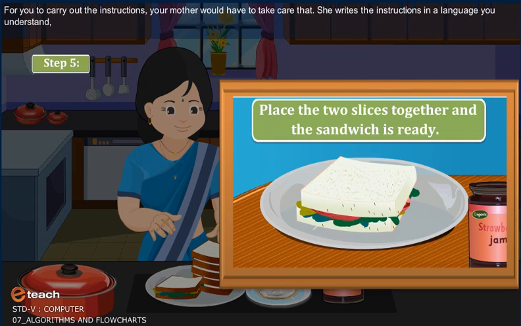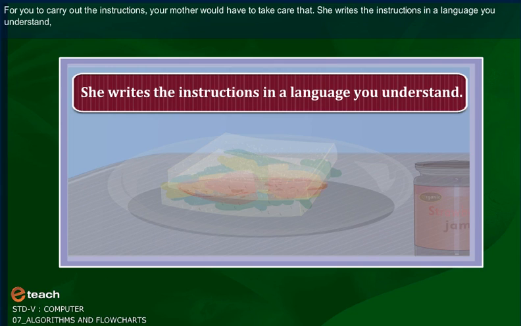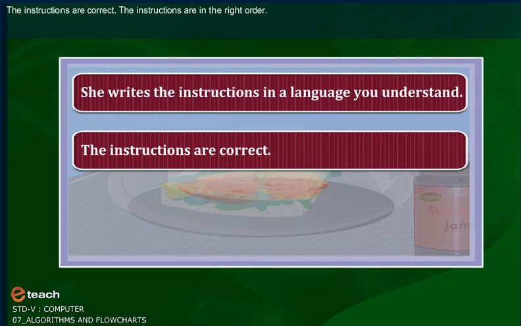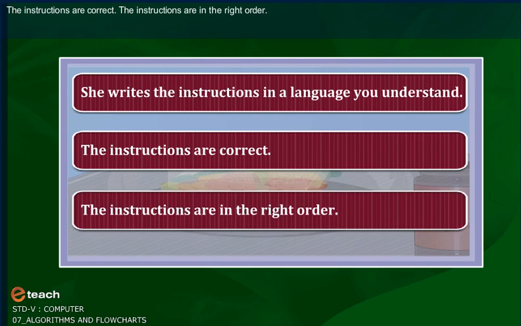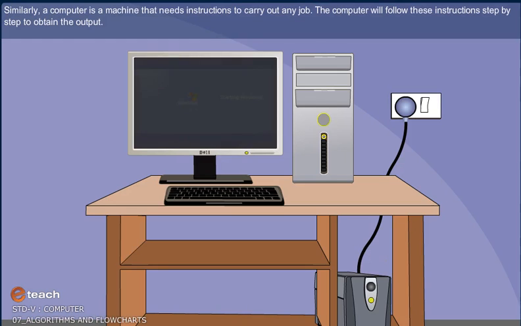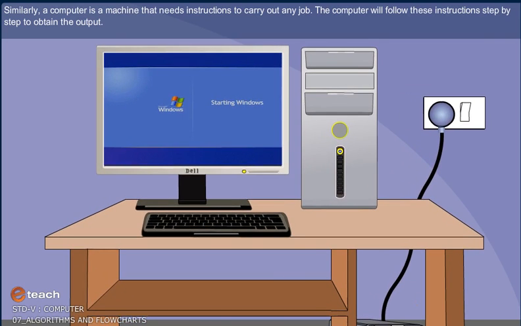For you to carry out the instructions, your mother would have to take care that she writes the instructions in a language you understand. The instructions are correct. The instructions are in the right order. Similarly, a computer is a machine that needs instructions to carry out any job.